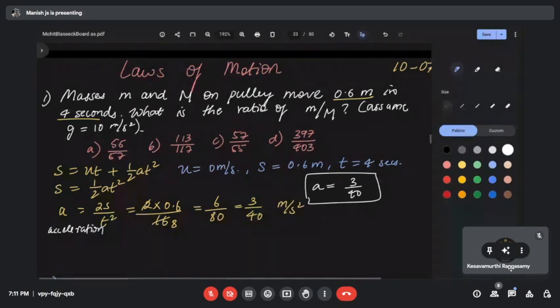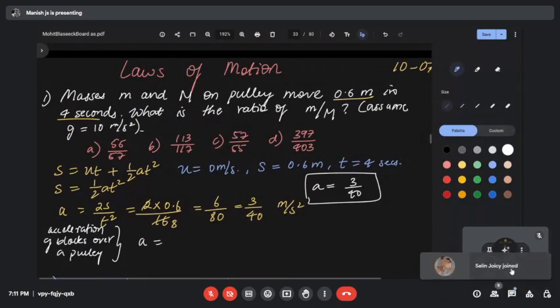Acceleration of blocks over a pulley is given by the formula: a is equal to (M2 minus M1) divided by (M1 plus M2), into g. Here capital M has the higher mass, so a is equal to capital M minus small m divided by capital M plus small m, the whole into g.